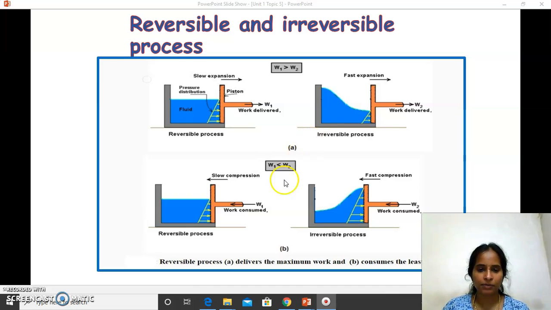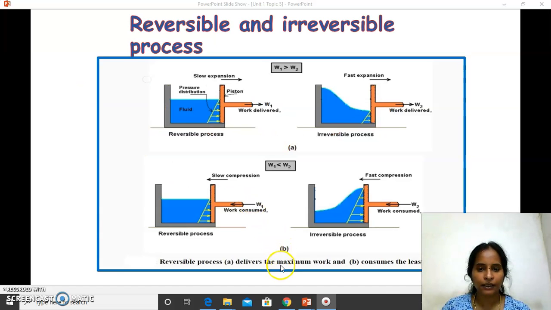So the work done during the reversible process is higher than during the irreversible process. And here also you can see the compression: if you are doing it in a faster manner, then more work is required, whereas during the reversible process the slow compression yields a lesser work done.